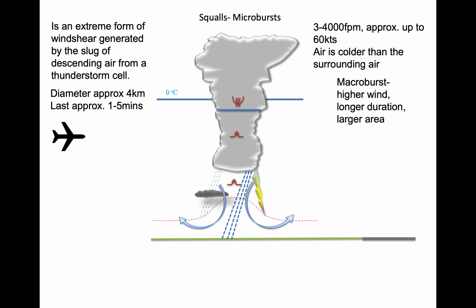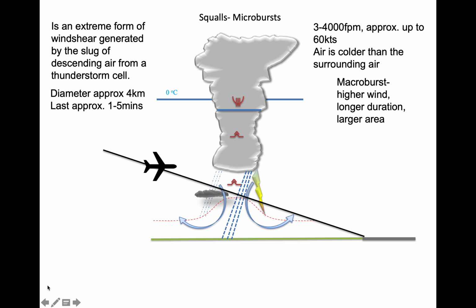The way to think about it here is whether you're in a helicopter or a fixed-wing aircraft, and we want to land at our airfield here, and we've got a thunderstorm. That would ideally be the flight path we want to take. So we start our approach, we set our throttle, our power, and we start descending. However, at this point you can see we've got a headwind with that squall.